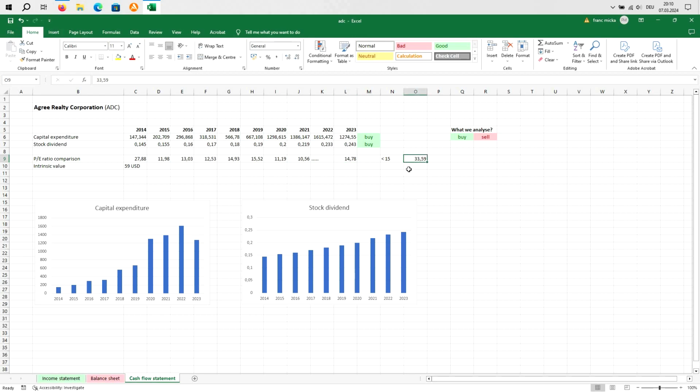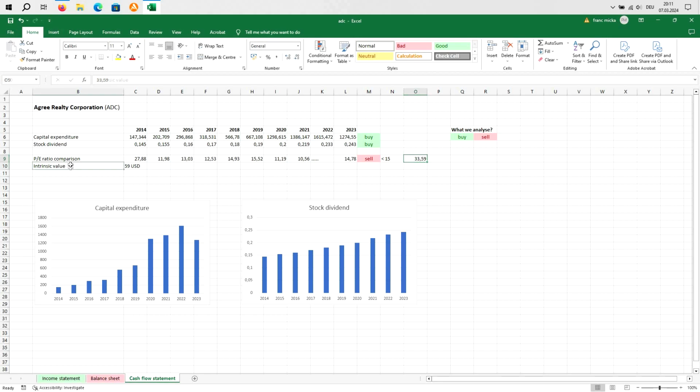And this company, bro, has 33, so we have to mark that as a sell, because that means that this company is overvalued in terms of the P/E ratio, okay? P/E ratio basically means how many dollars you are willing to invest for this profit, okay? So basically P/E ratio means that you are ready to pay $33 or 33 euros for €1 profit, okay? This is way too overvalued, bro.